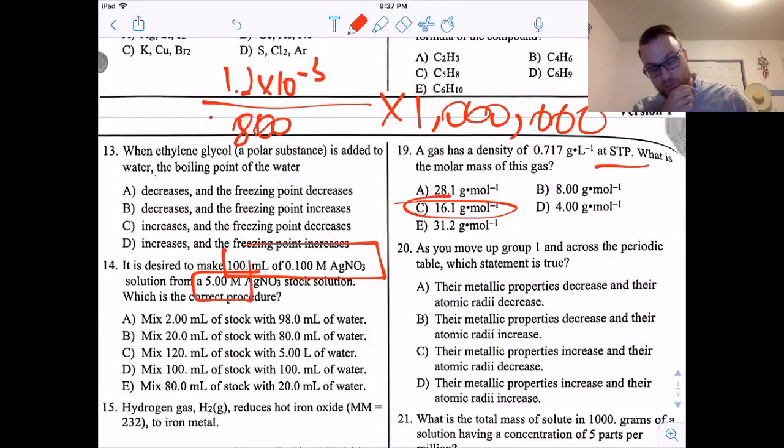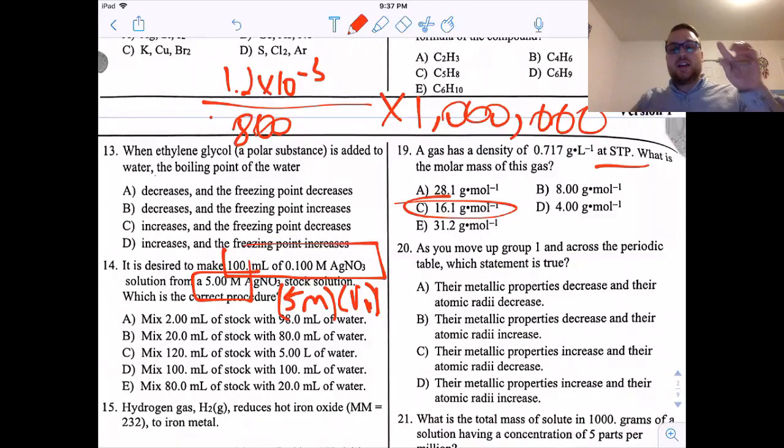So I don't have a V1. It gives you M2 and V2, so this equals 0.1 times 100. This is what I want: a bottle at a concentration of 0.1 with 100 milliliters of stuff in it.